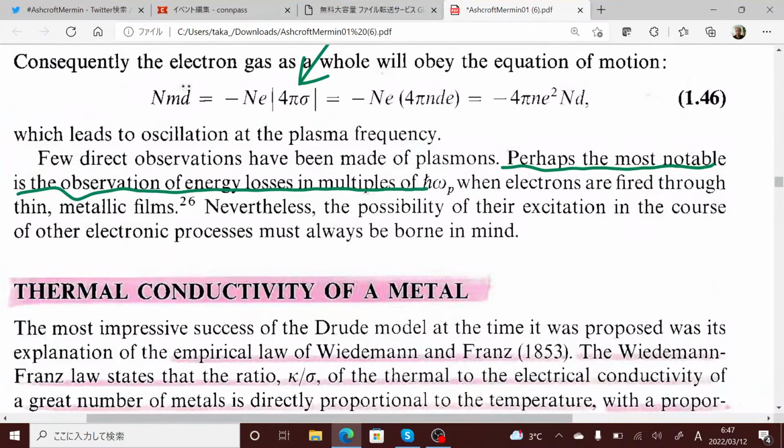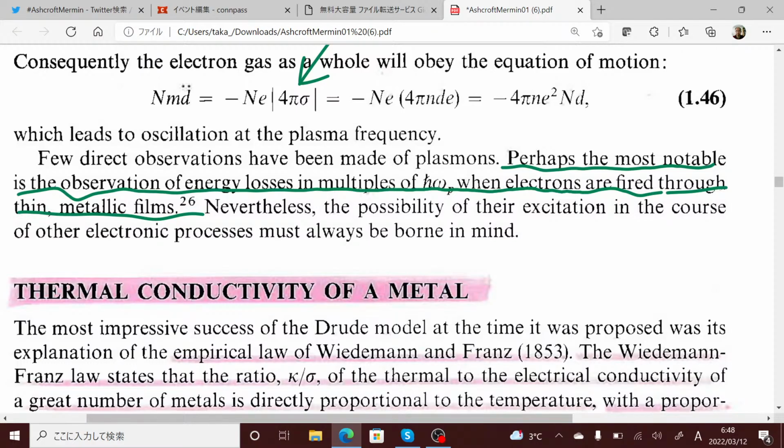Energy losses in multiples of h bar omega p when electrons are fired through thin metallic films.